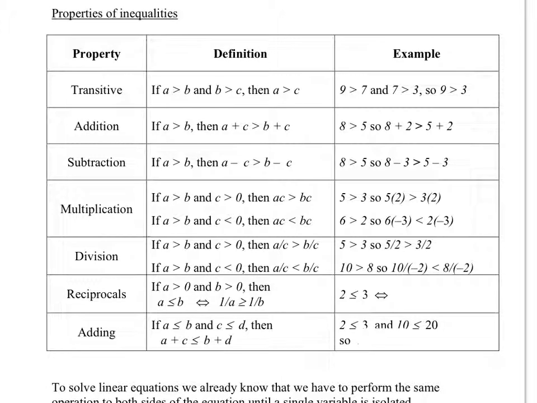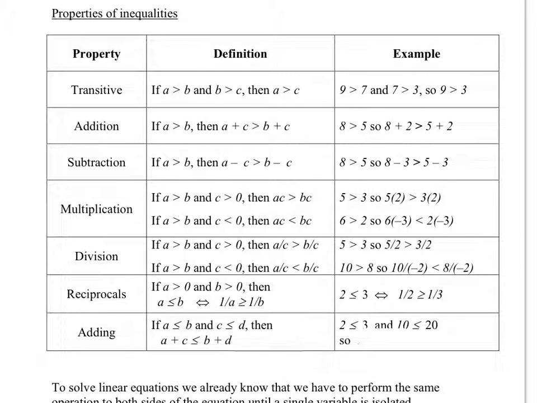Well, if you're me, I'd rather have 1/2. So 1/2 is more than or equal to 1/3. Notice that in this case, we've flipped the inequality symbol to do that. Right? We've changed from less than or equal to more than or equal to. So with reciprocals, we have to flip the inequality symbols also.